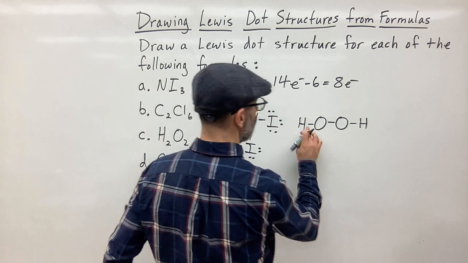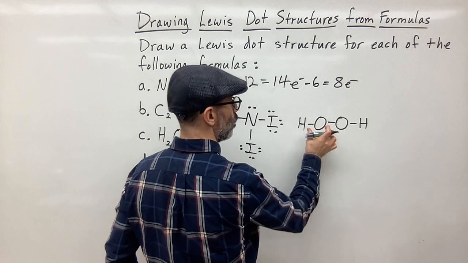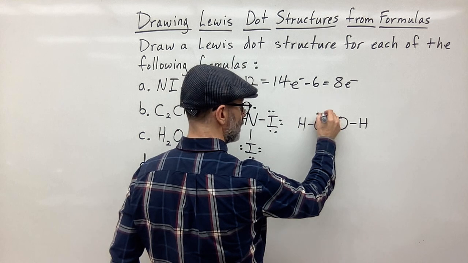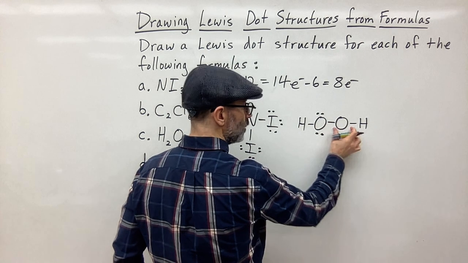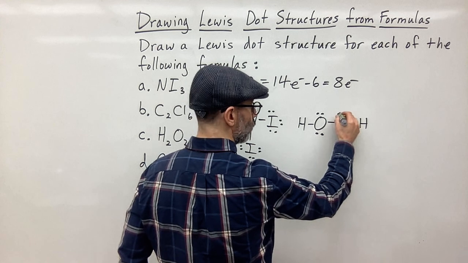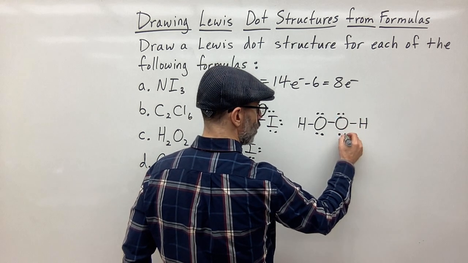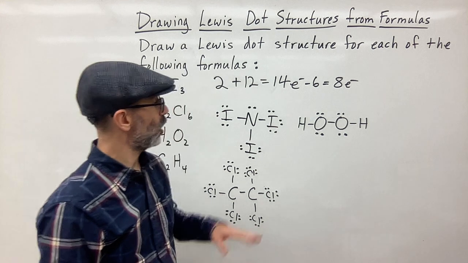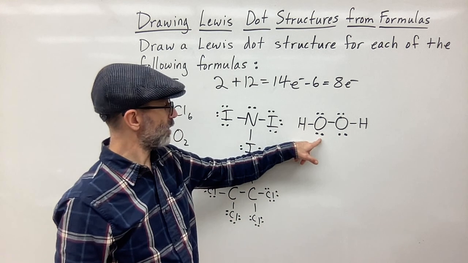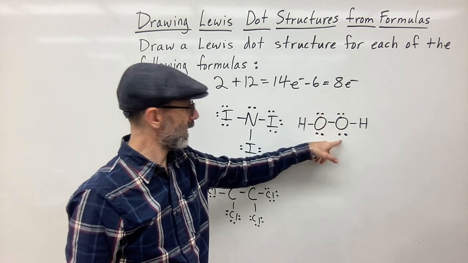So this oxygen has 2 bonds, so it's going to need 2 lone pairs for an octet. So I'm going to put 2 there. And this oxygen has 2 bonds, so it's going to need 2 lone pairs for the octet. So there we go. I gave an octet for both oxygens. And how many did I use? I used up 2, 4, 6, 8.